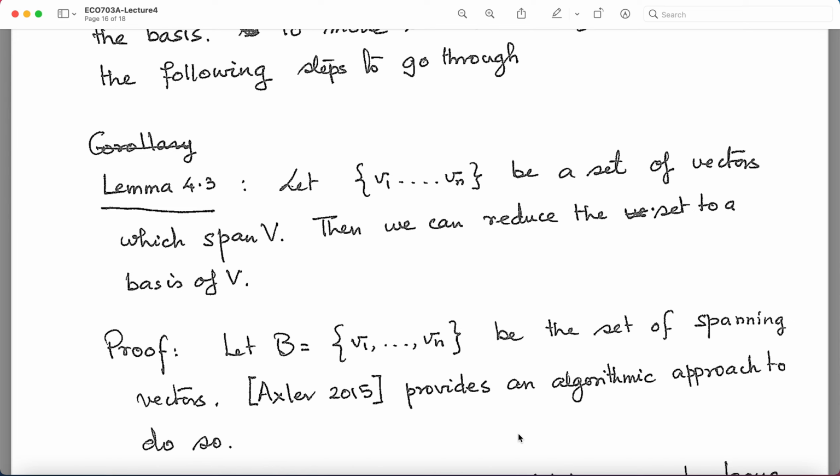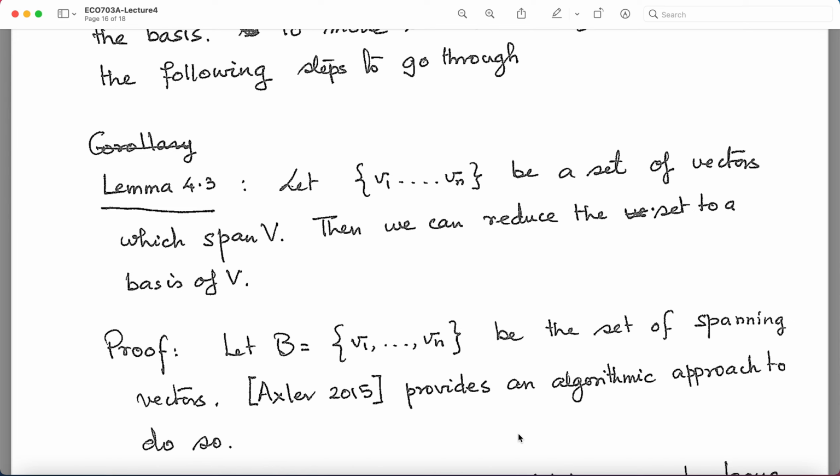I have just taken n to be some number. Then we can reduce the set to a basis of V. It could be n plus 30, does not matter. This n is 30 times more than the actual dimension. So, the actual dimension of V could be m, strictly less than n.